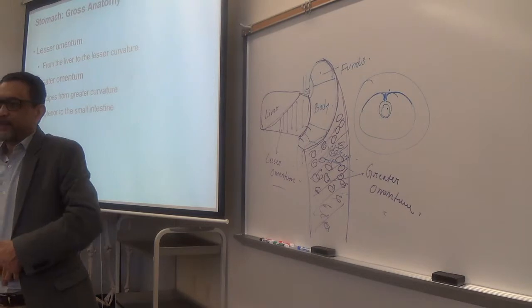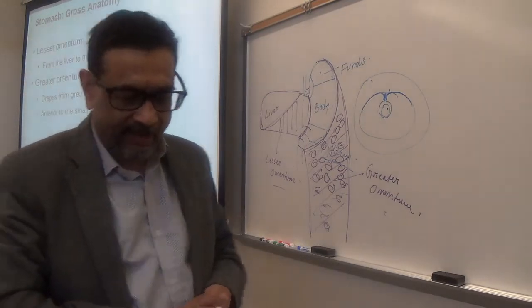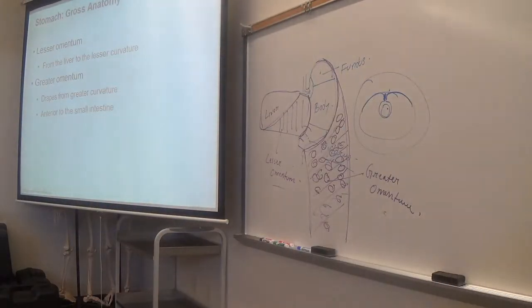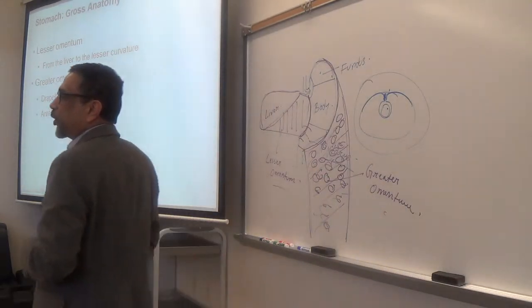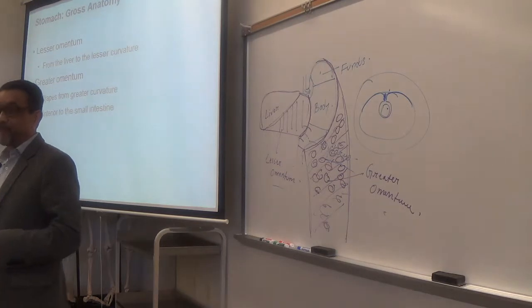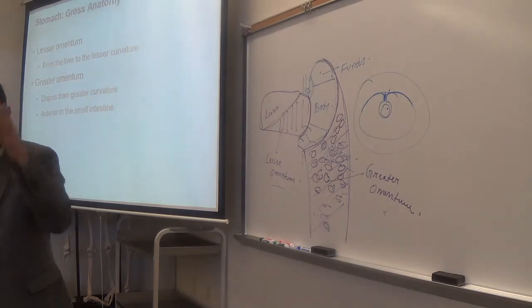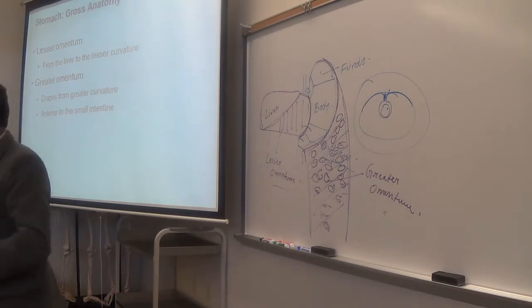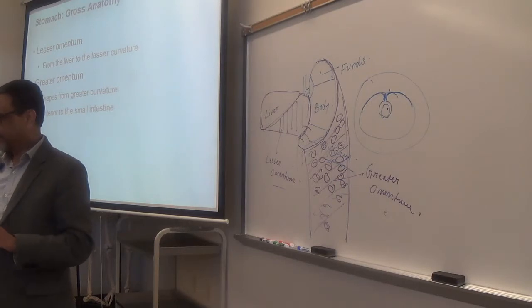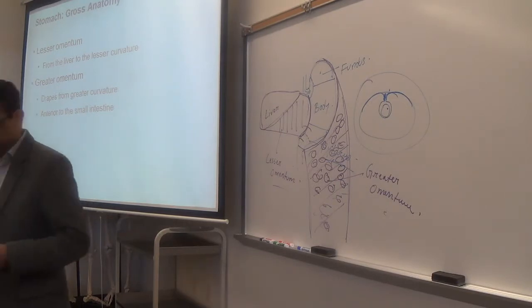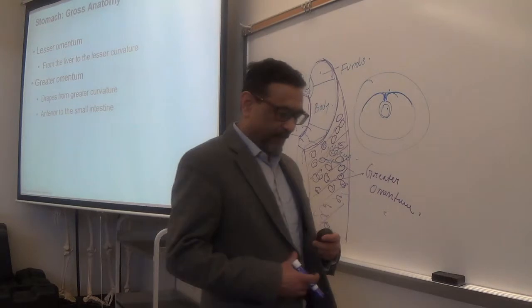So that is number one, it acts as an insulator. Number two, protection, of course, and number three, storage of fat. You know, fat gives energy when we need, right? So it is a form of stored energy. Is it clear? So those are three important functions of the omentum.